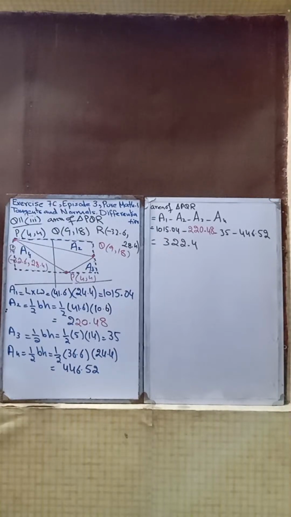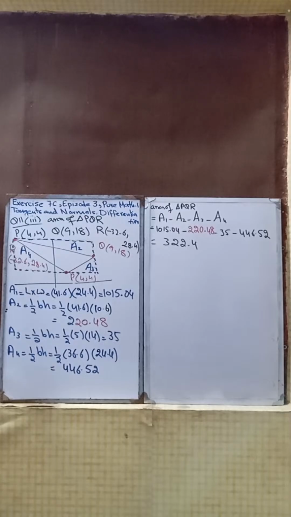I did not find any mistake other than this one. So let me recheck it. 1 divided by 2 multiply 41.6 multiply 10.6, and that will be 220.48. Okay, that's right.